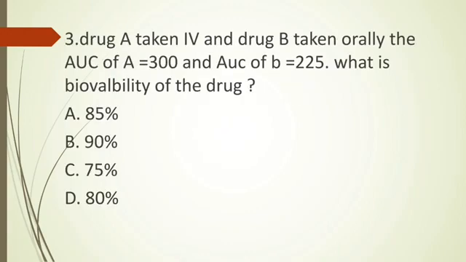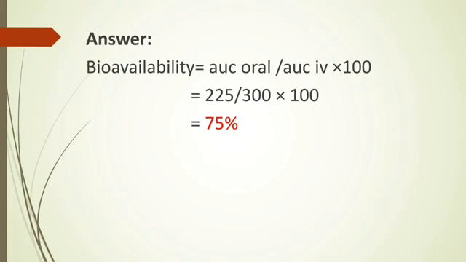Here the AUC oral, that is of drug B, is 225 and the AUC of drug A, which is taken by IV, is equal to 300. So AUC oral by AUC IV into 100 is equal to 225 divided by 300 into 100, and the answer is 75%.